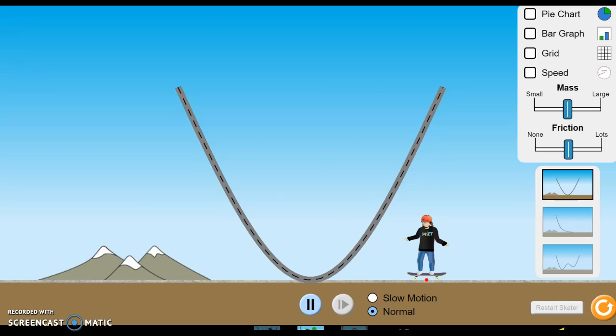Let's try this. We can set friction to be some value, and let's put the skater on and see what happens if there is friction. Let's look at the bar graph.